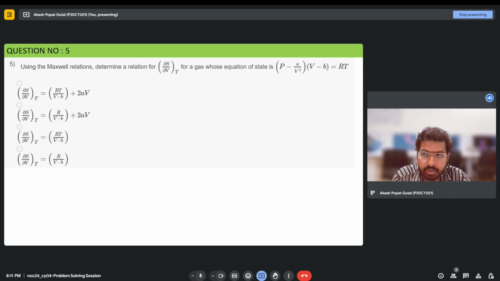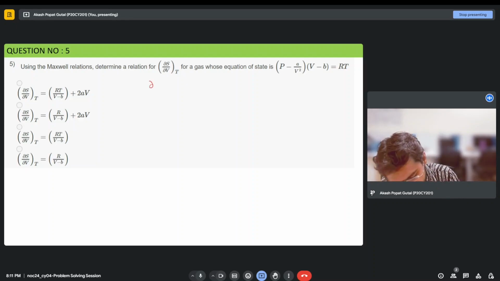So here we can use Maxwell's relations. Because of this reason Maxwell's relations are useful: they relate terms that have entropy to measurable quantities like pressure and temperature. So that is the significance of Maxwell's relations.